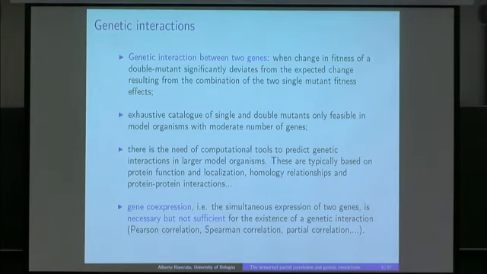And the computational models biologists use consider very simple quantities such as Pearson correlation, Spearman correlation, partial correlation. I mean, there is a lot of room for improvement here, definitely.